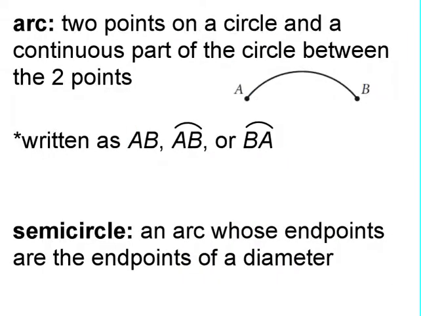Now we're going to talk about arcs. So basically today we're learning about every part of a circle. An arc is two points on a circle and the continuous part of the circle between the points.